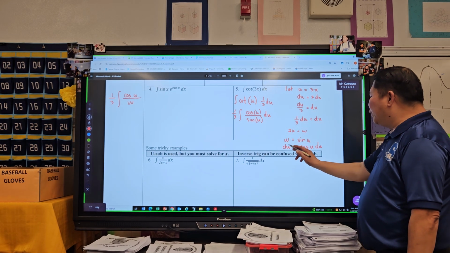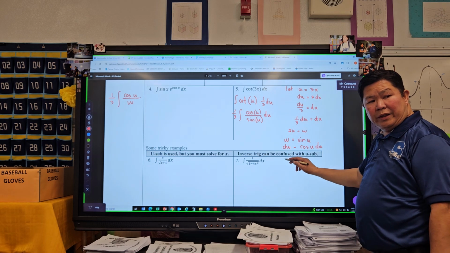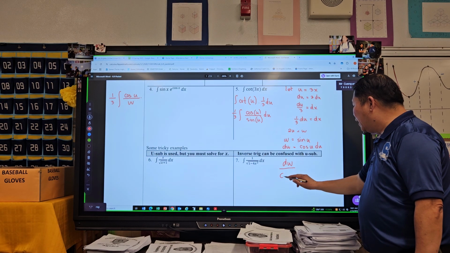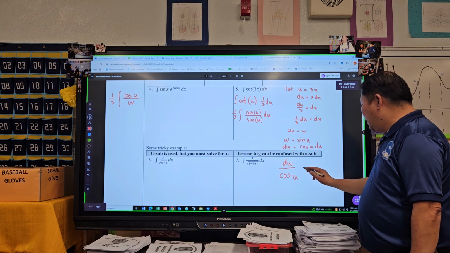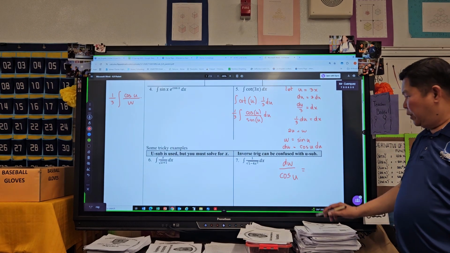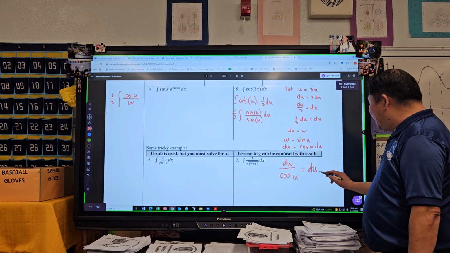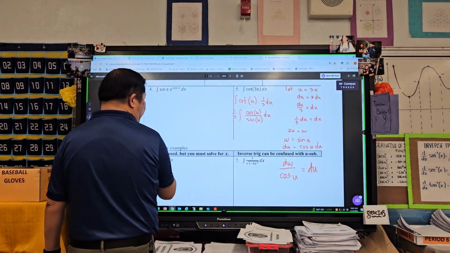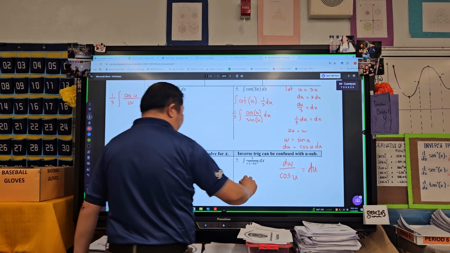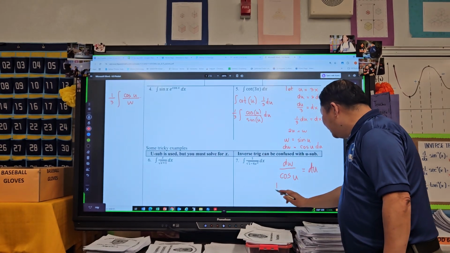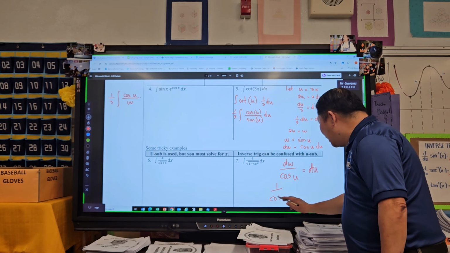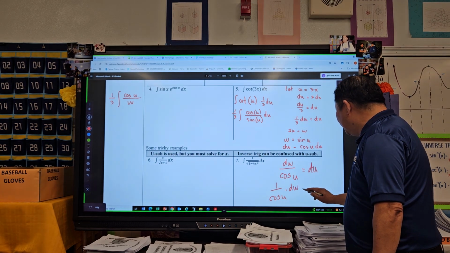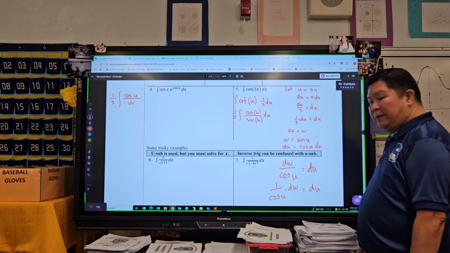But shall we rewrite this first? dw over cosine u is equal to du. So the du now is this one. So we say times 1 over cosine u times dw is equal to du.